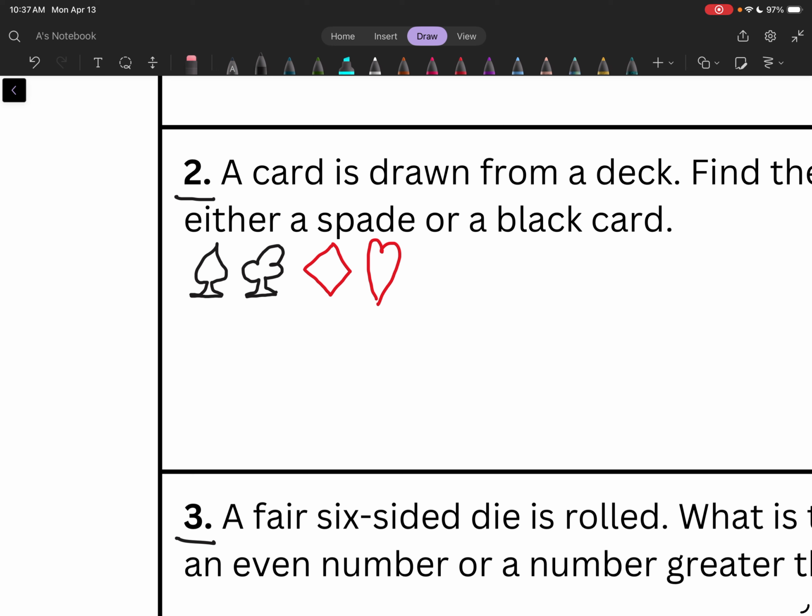There are 13 cards per suit, which is a total of 52 cards.